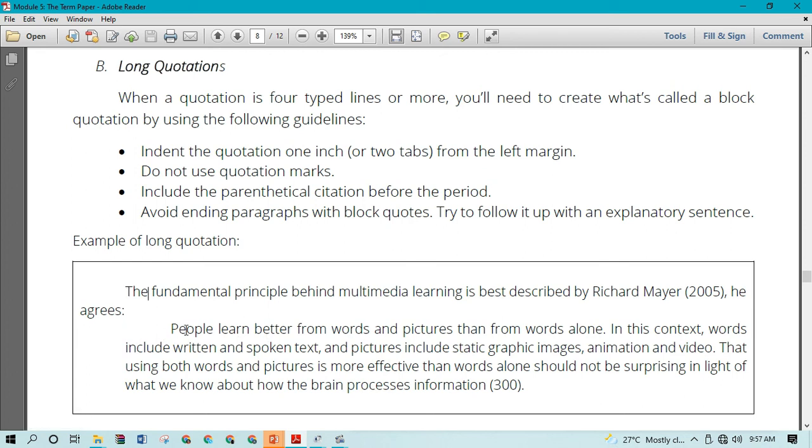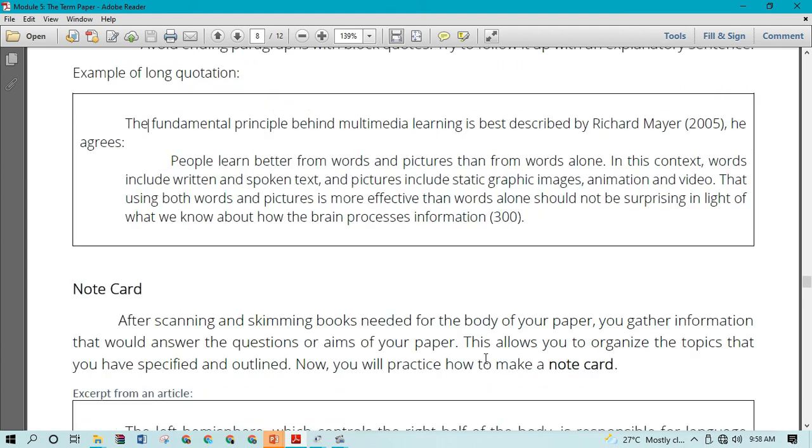Then, do not use quotation marks. Again, para yan sa mga long quotations. And then, include the parenthetical citation before the period. Again, before the period. Then, avoid ending paragraphs with block quotes and try to follow it up with an explanatory sentence. Okay, so this is an example of a long quotation.